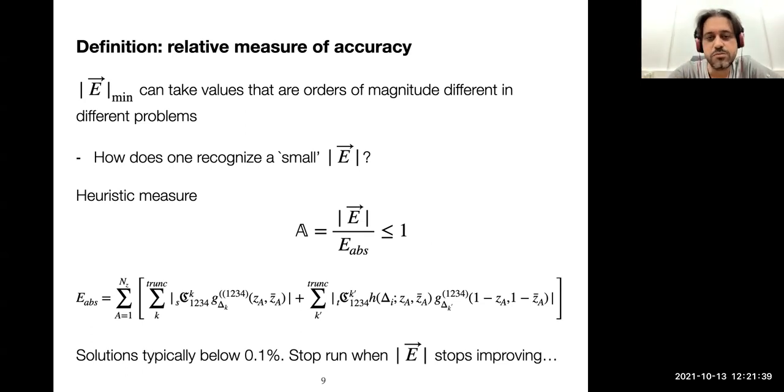We did several runs in different examples, in different theories, and empirically we noticed that we always get the solution below 1,000. So if, for example, you do a run and you see that it saturates, let's say at 5%, at least this is some preliminary indication that maybe you're not going to get a solution.